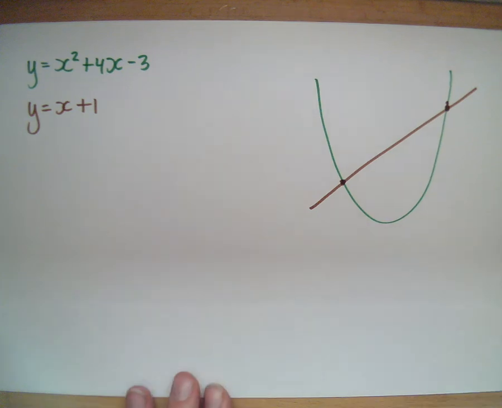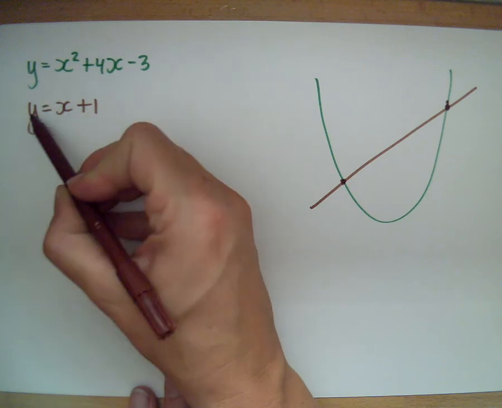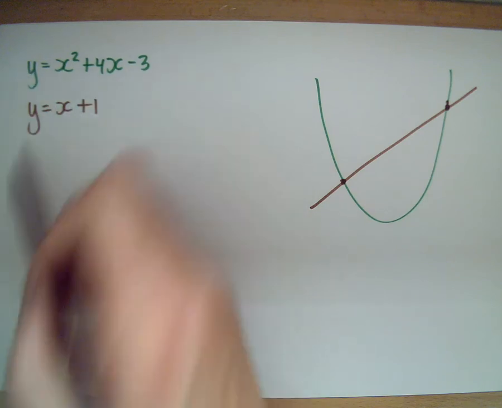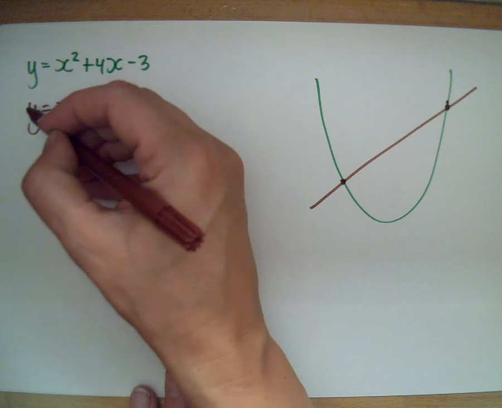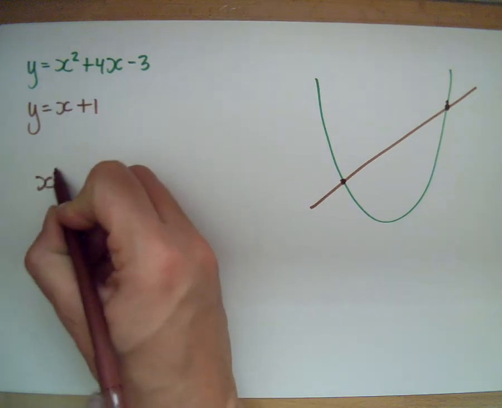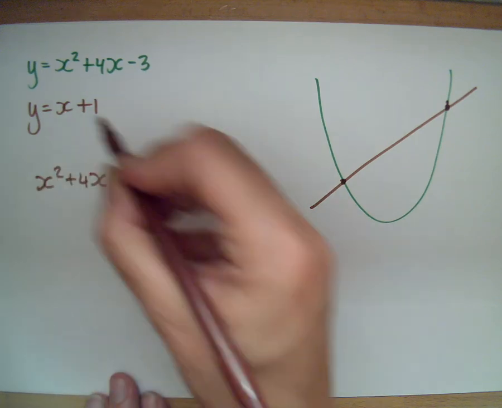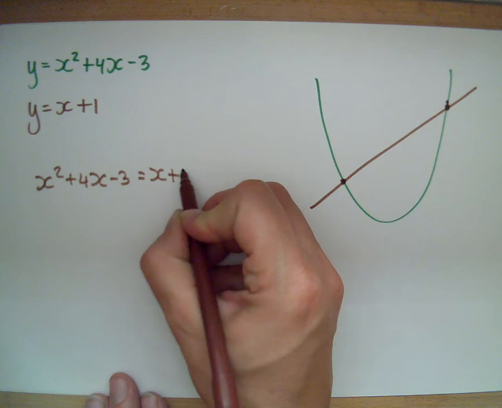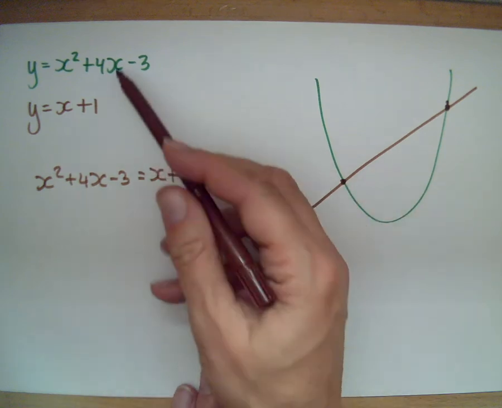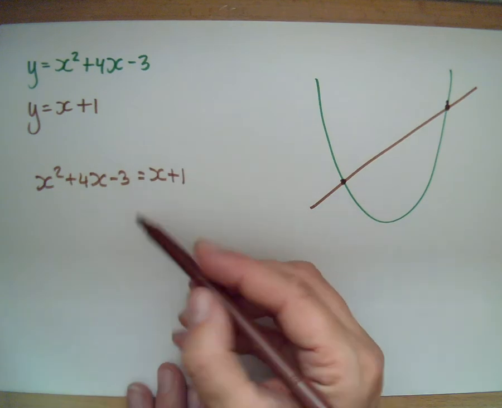So just like the previous one, we're going to say, okay, they intersect where their y values are equal and their x values are equal. So we're going to set these two equal to each other. So x squared plus 4x minus 3 is equal to x plus 1, right? Simultaneous equations, substitution.